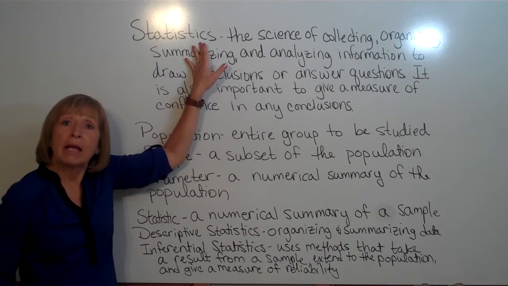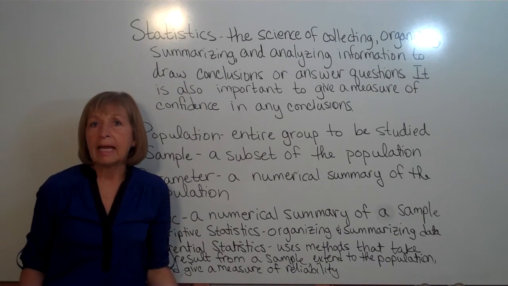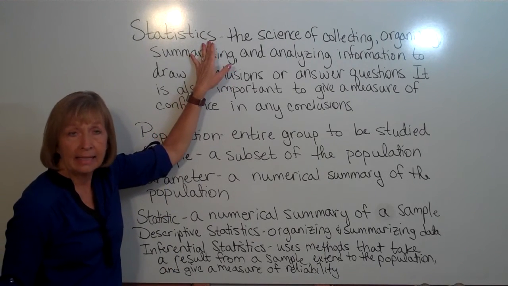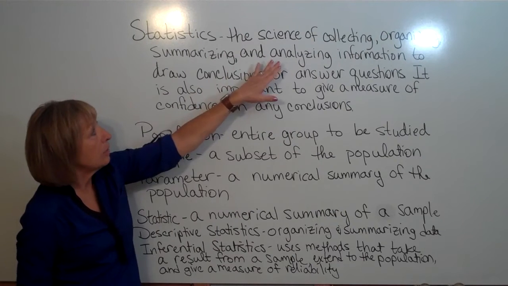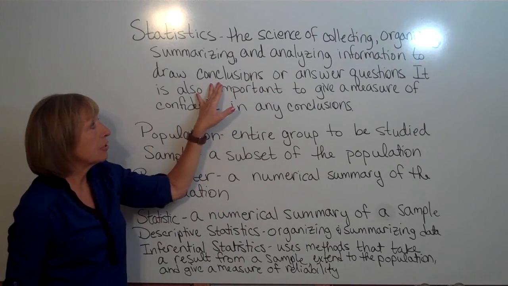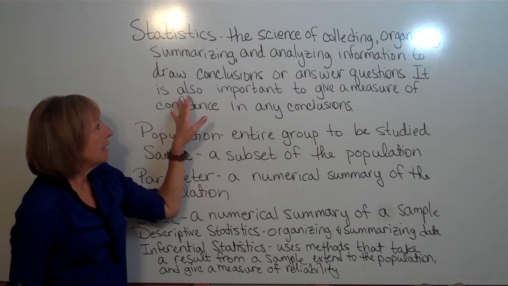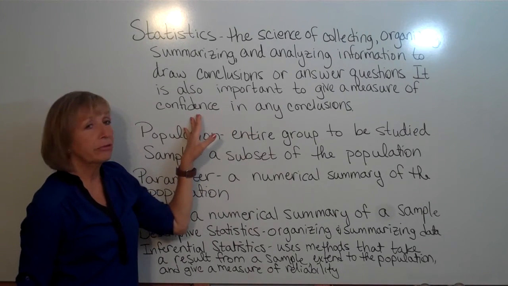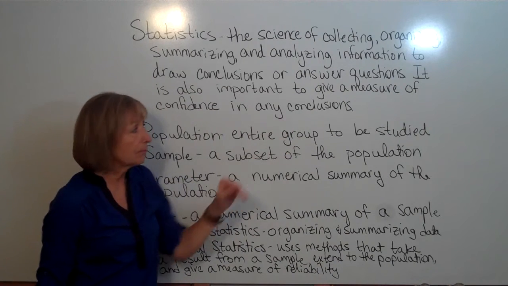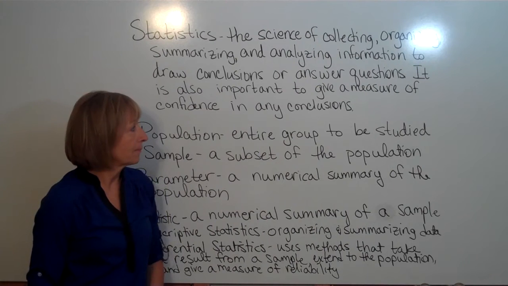If I talk about taking a statistics course, or looking at the content of statistics, statistics in that setting is the science of collecting, organizing, summarizing, and analyzing information to draw conclusions or to answer questions. It is also important to give a measure of confidence in any particular conclusions that you give.